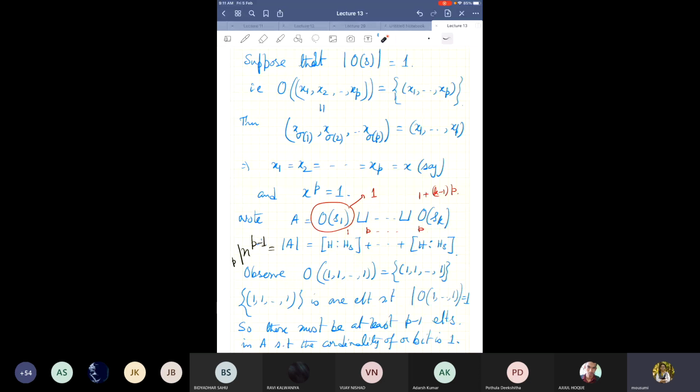And how many of them will there be? P times 1, right? So that is what I have written: there must be at least P minus 1 elements in A such that the cardinality of the orbit is 1, apart from the identity.